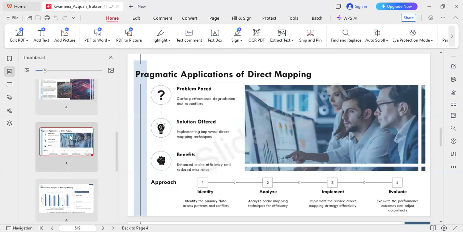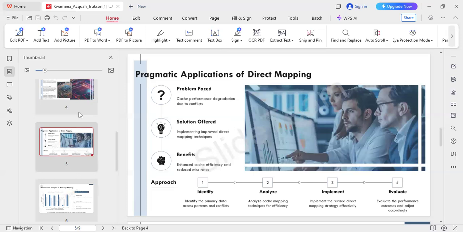Pragmatic application of direct mapping. Number one is the problem faced. Cache conflict leads to performance degradation.